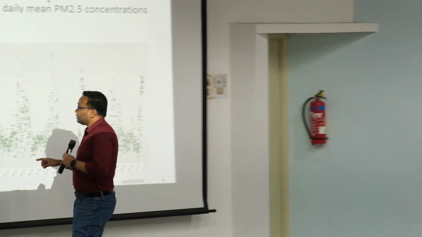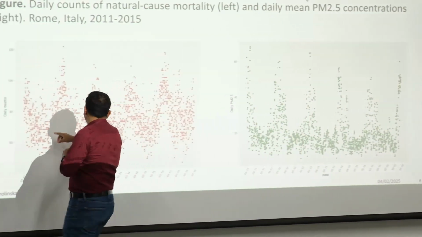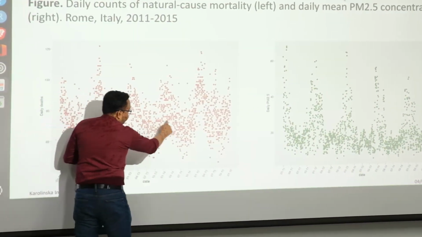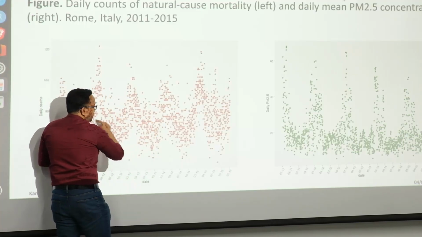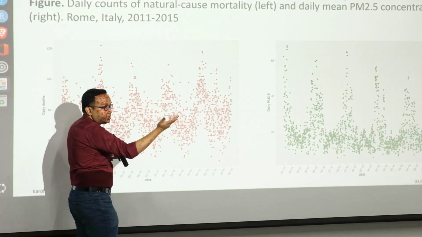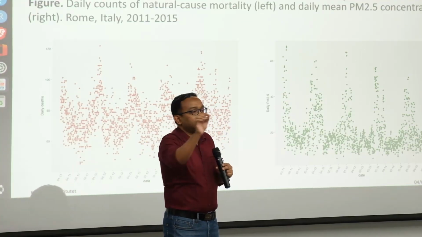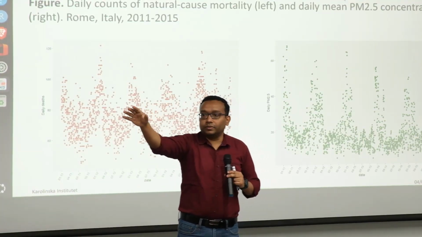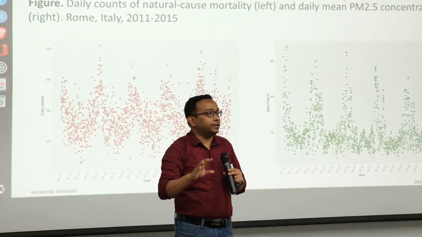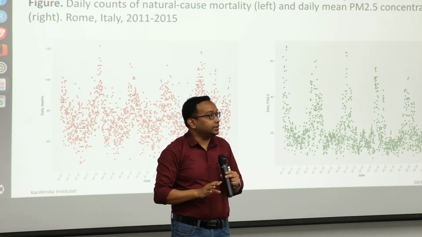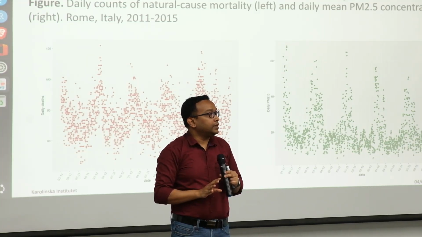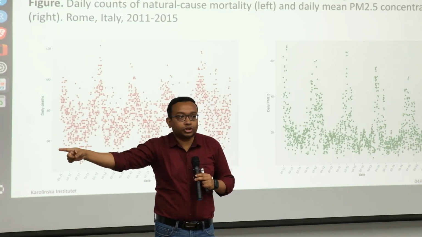If I do that for this plot, it might look something like this, or something like this, or there might not be any change at all. That long-term line is the long-term trend, which we are not interested in. We want to remove that, because we are interested in the short-term variations.